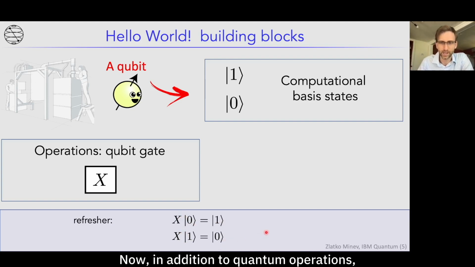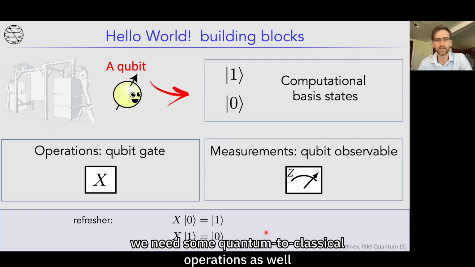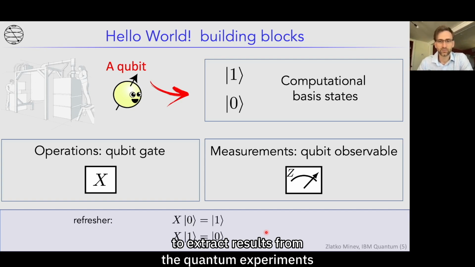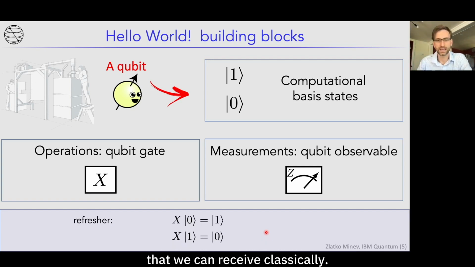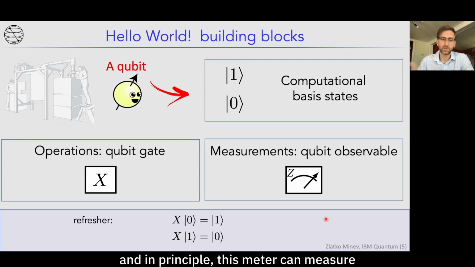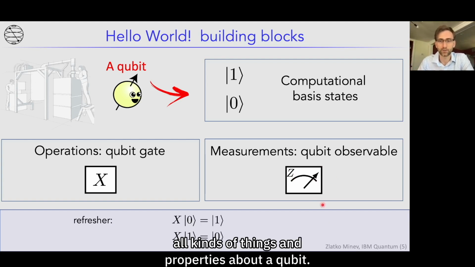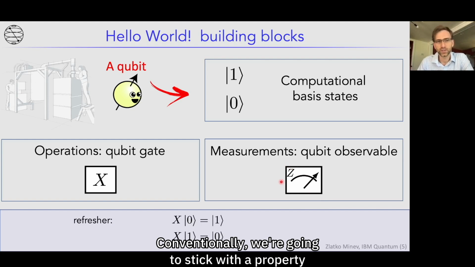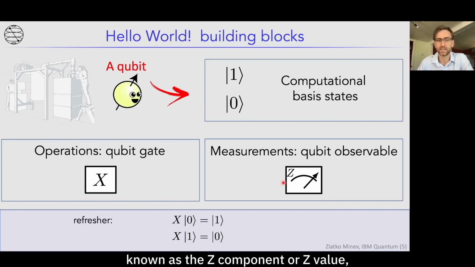Now, in addition to quantum operations, we need some quantum to classical operations as well to extract results from the quantum experiments that we can receive classically. We can also measure the qubit using some meter apparatus, such as depicted by this little box here with the meter symbol inside. And in principle, this meter can measure all kinds of properties of a qubit. Conventionally, we're going to stick with a property known as the Z component or Z value, and we'll get more into that.